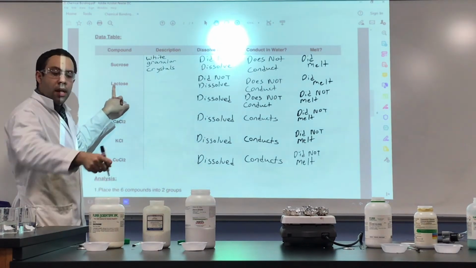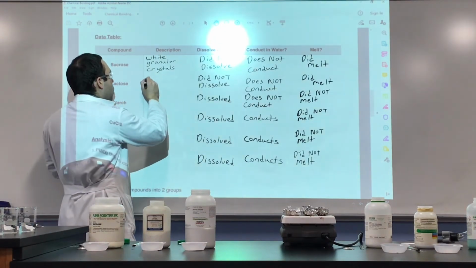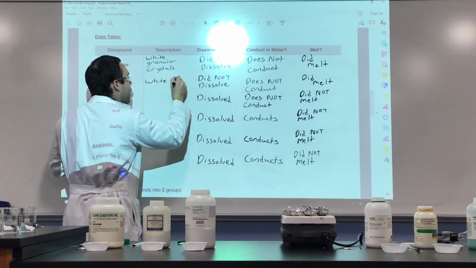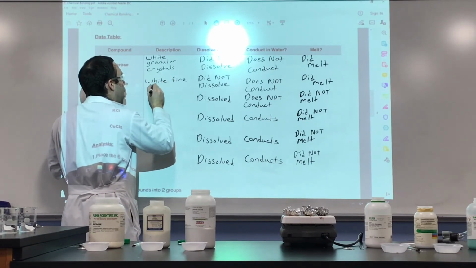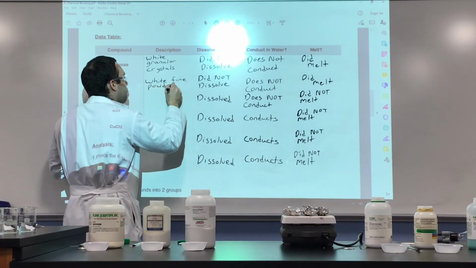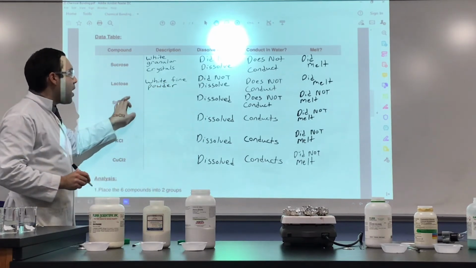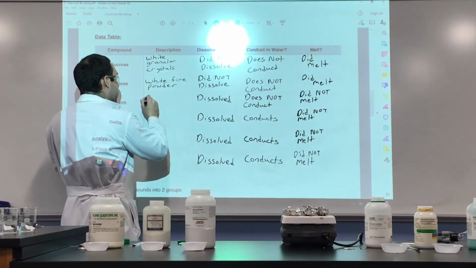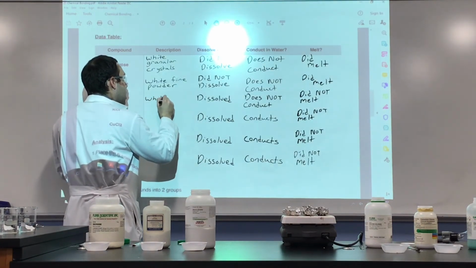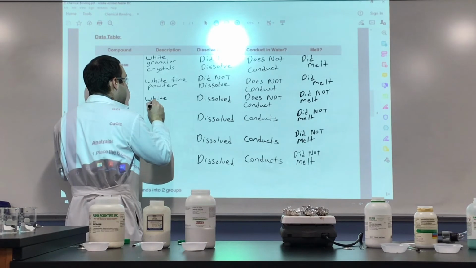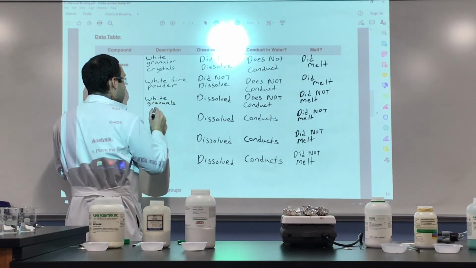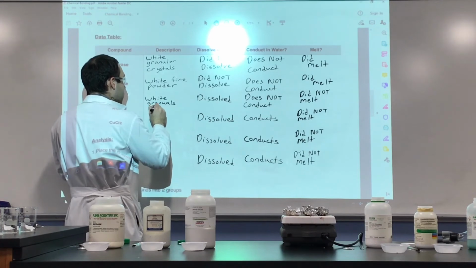The second one, lactose, was a white, fine powder. And starch, we also said, was white granules or crystals.